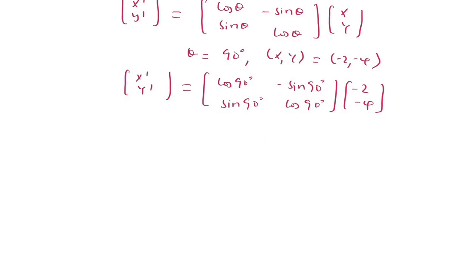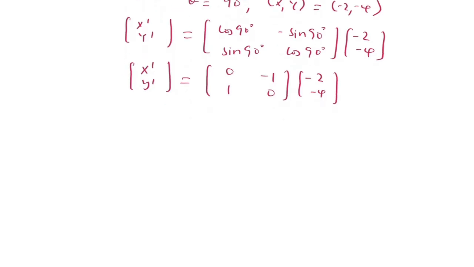Then let us substitute these values into our equation. Then we are going to have [x image, y image] equals matrix [0, 1; -1, 0] times matrix [-2, -4]. Okay, so let us calculate our right hand side.